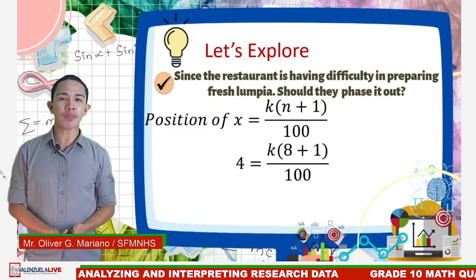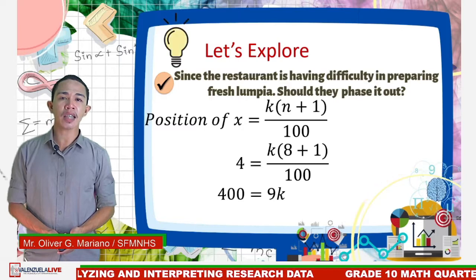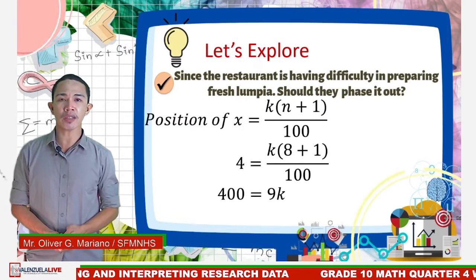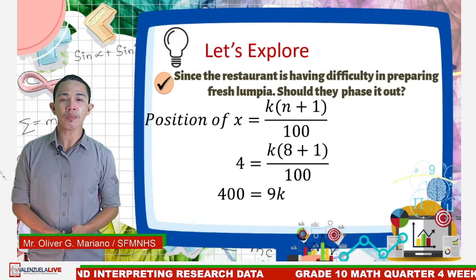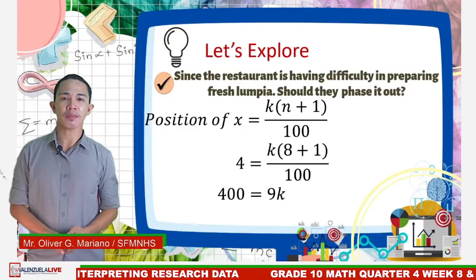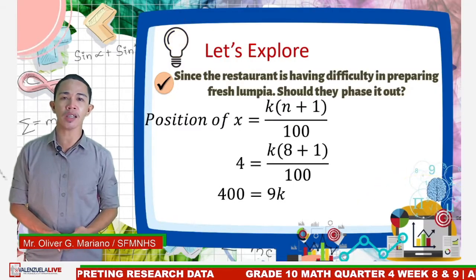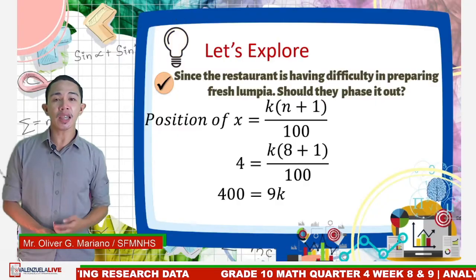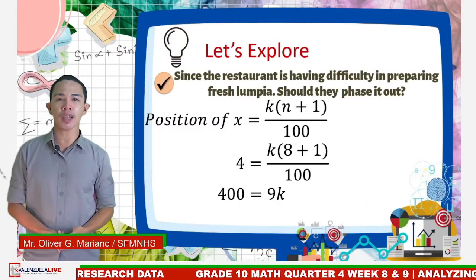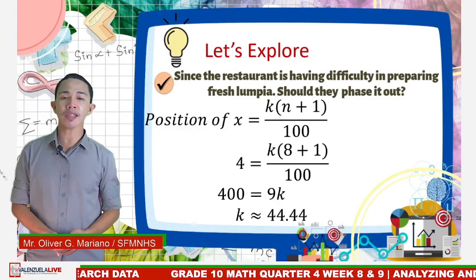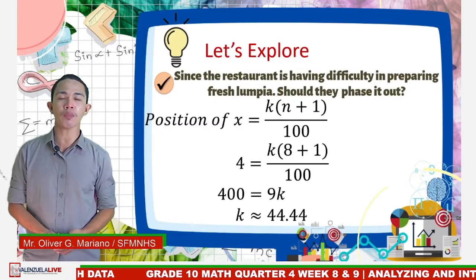Multiplying both sides by 100, that gives us 400 is equal to 9 times K, because 8 plus 1 is equal to 9. And dividing both sides of this equation by 9, that gives us approximately 44.44.